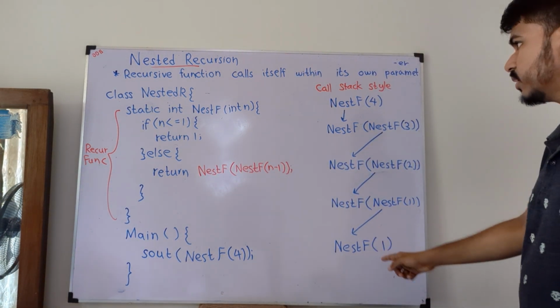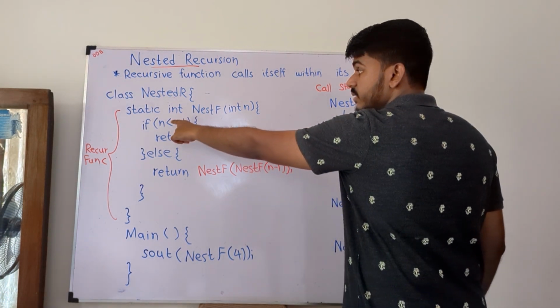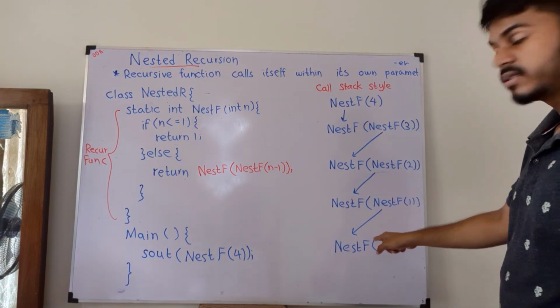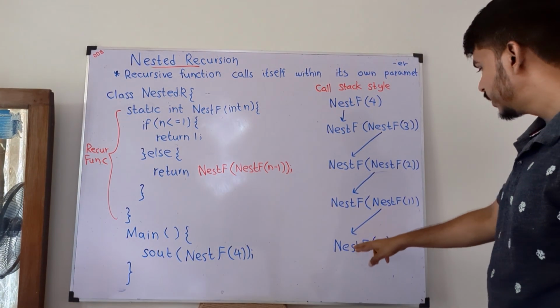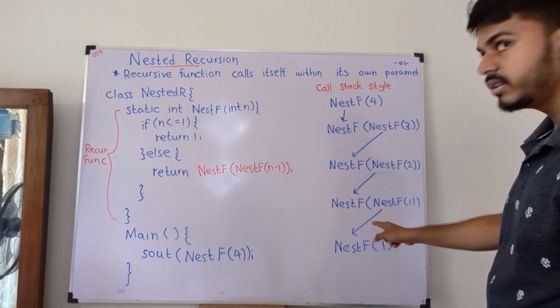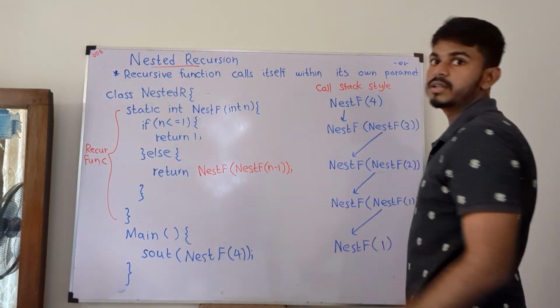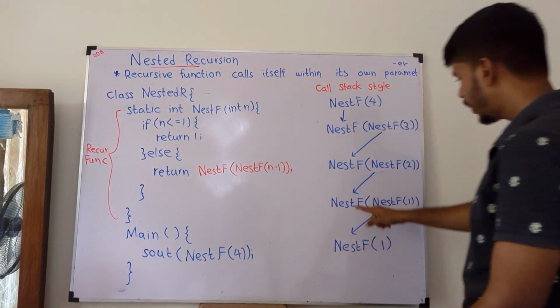Here in this nestF(1), 1 is less than or equal to 1. It's the base case. So when the function goes to nestF(1), it hits the base case. Then this returned value 1 is going to be used as the argument for the outer call.